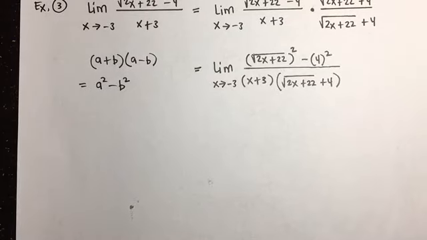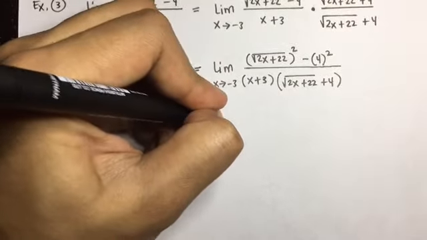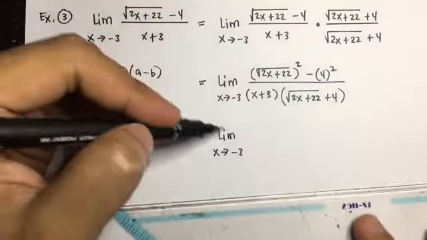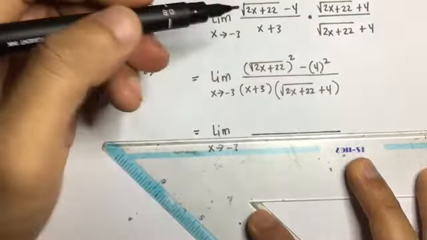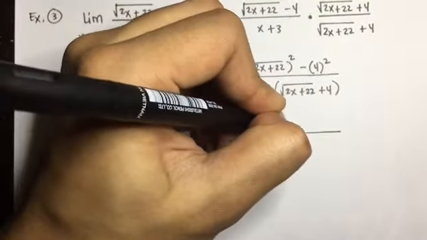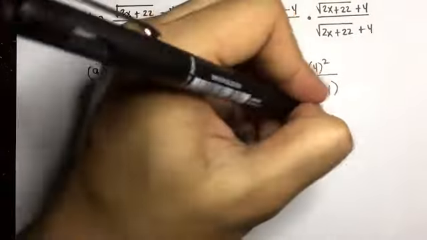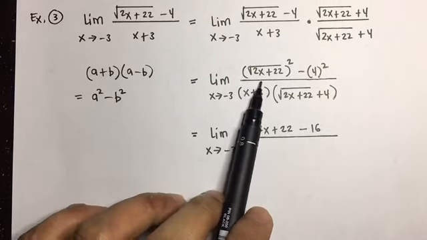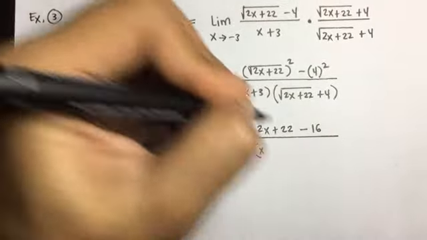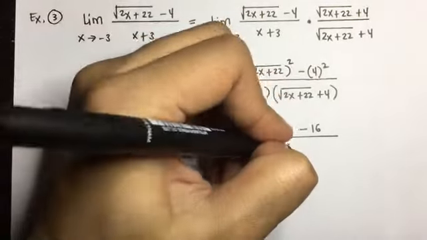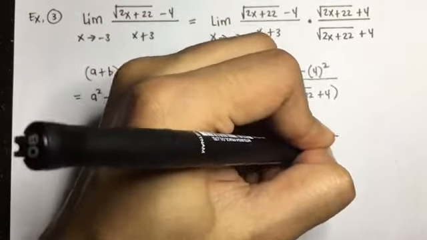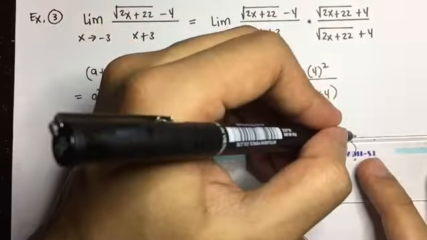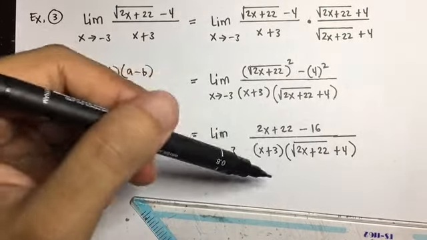Next we can simplify the numerator. If we haven't substituted the limit yet, we still write the notation for the limit. So this will become 2x plus 22 minus 16, because square root squared eliminates the radical sign, over x plus 3 times square root of 2x plus 22 plus 4. Make sure always that the vinculum covers all the numerator and the denominator.